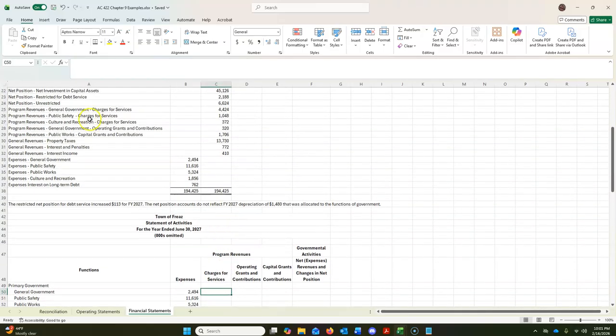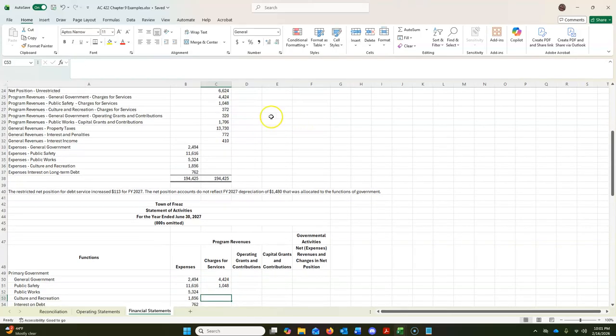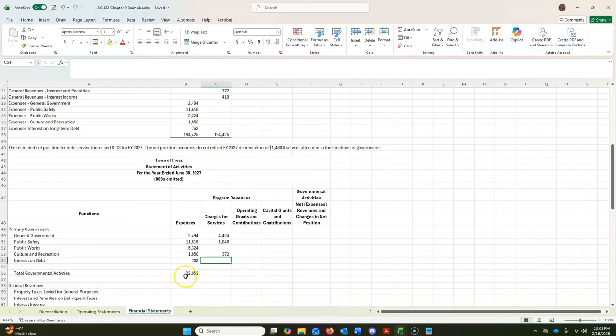When I come up here, I have these three charges for services: general government, public safety, and culture and recreation. General government is $4,424, public safety is $1,048, and culture and recreation is $372.